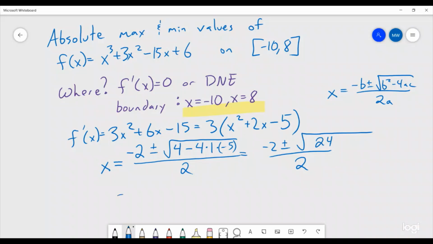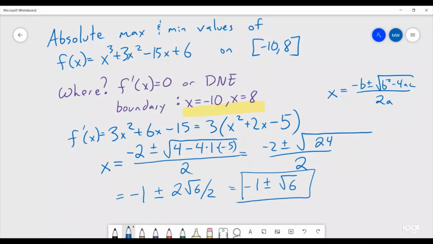So we got -1 plus or minus square root of 24. We can pull a 4 out, so that becomes 2 square root 6 over 2. This is -1 plus or minus the square root of 6. So those, along with these values up here, those are the x values we have to test.